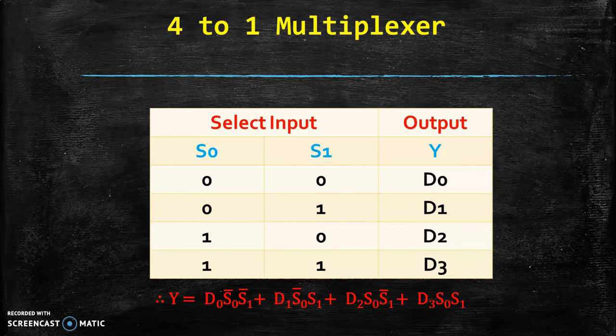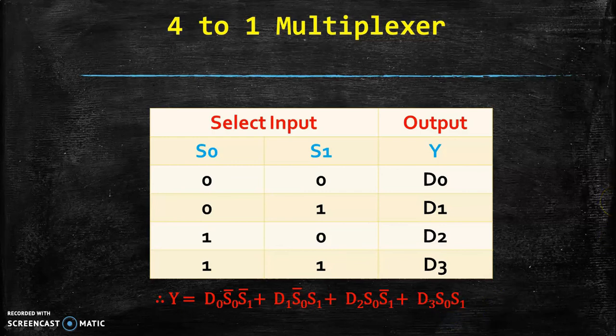So we have logic function Y is equal to D0 dot S0 bar dot S1 bar, that is our first condition, plus D1 S0 bar dot S1, that is second condition, plus D2 dot S0 dot S1 bar, and that is our third condition, plus D3 dot S0 dot S1, and that is our last condition.